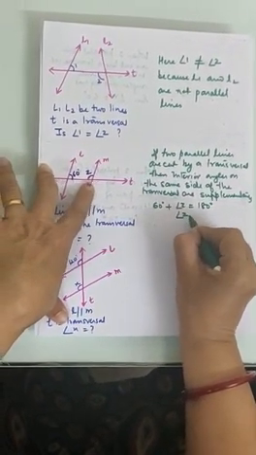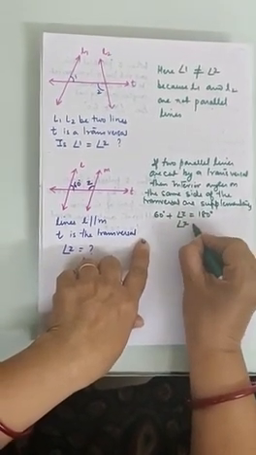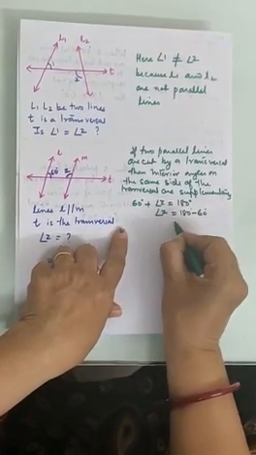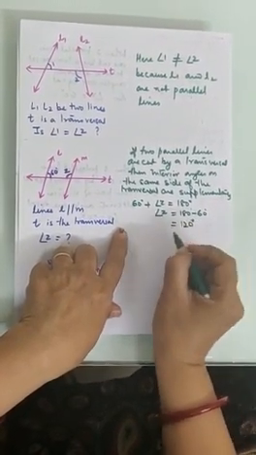Now we have to find angle Z, so we will bring this side, and when this 60 degrees comes this side, it becomes minus 60 degrees, so angle Z is equal to 120 degrees.